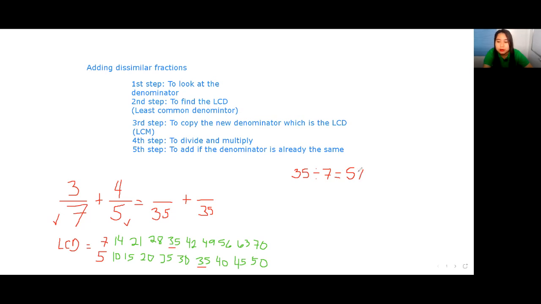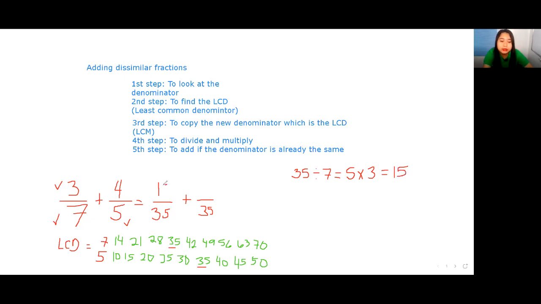How about multiplying? What do we need to multiply? Yes, very good. It is the numerator. So, we multiply 5 times the numerator 3. Very good. 5 times 3 equals 15. So, the numerator of the first fraction is 15.